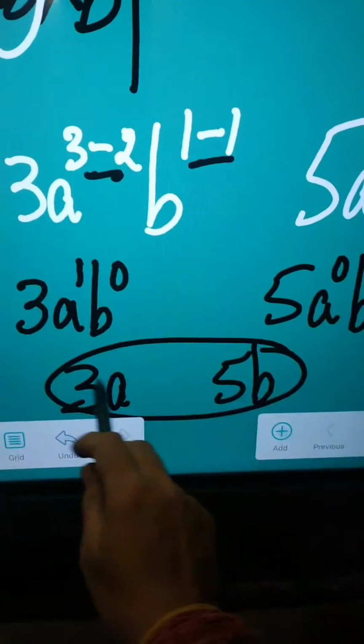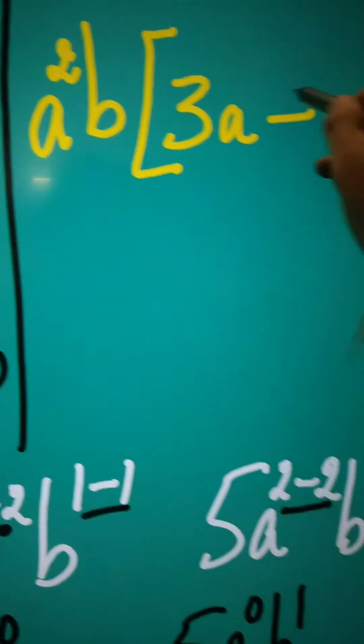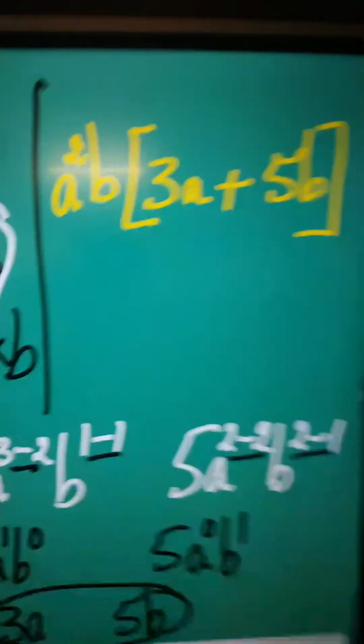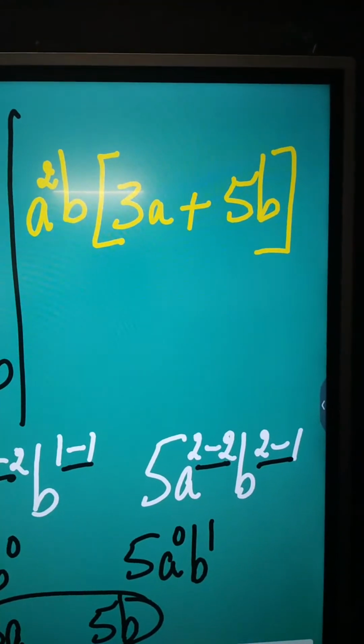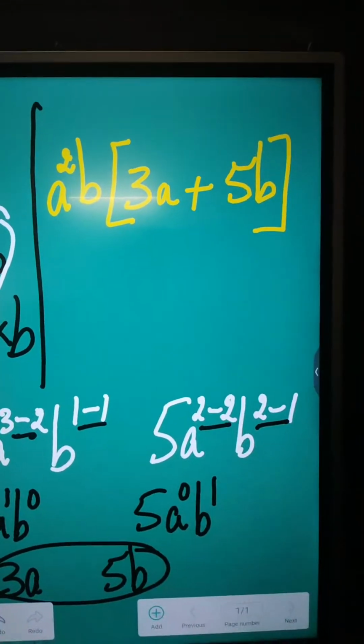The answer which I have got here is 3a, and there is a plus sign, so plus 5b. Now this is the important step: a square b, bracket, 3a plus 5b.